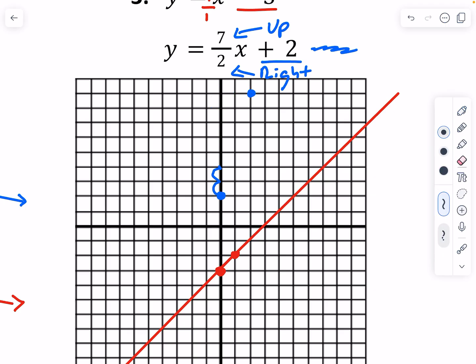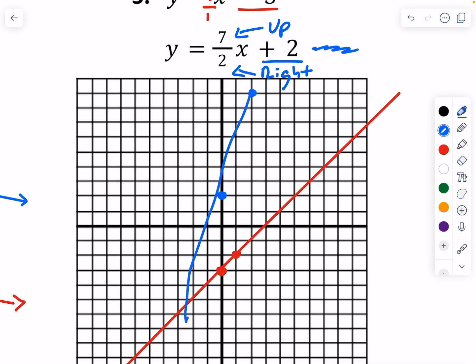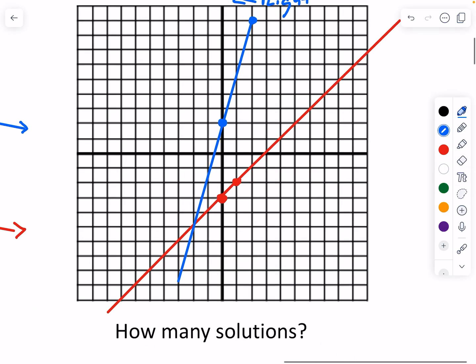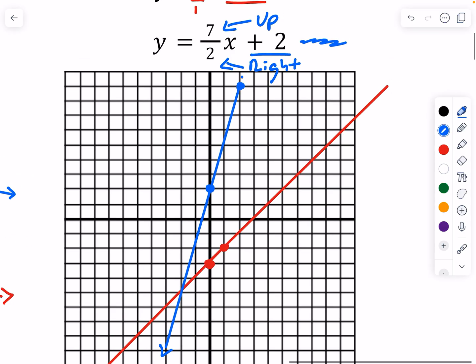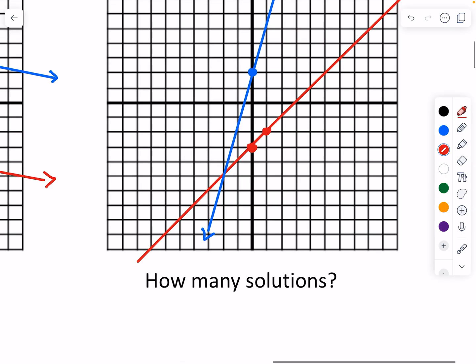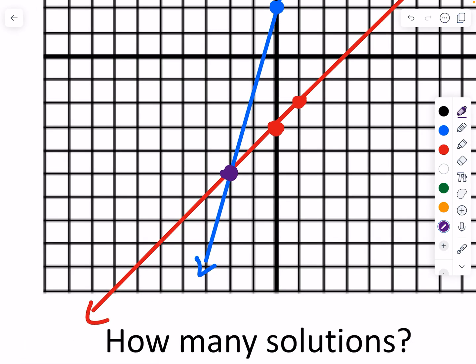I'm going to connect those, and I'm also going to go the other way just to make sure that they actually cross. It looks like they're going to cross down there, right around there. Purple dot.